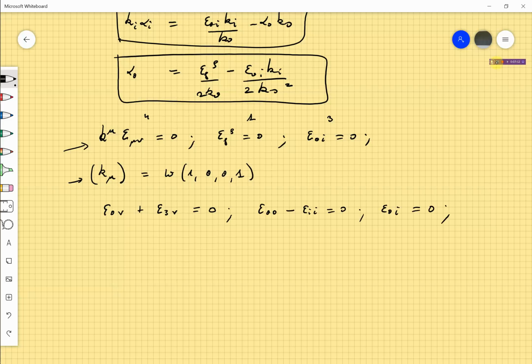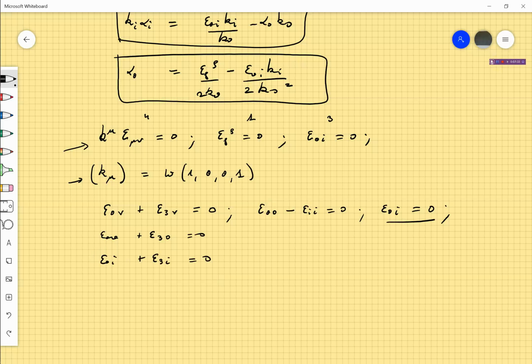Now these are four conditions, so these are ε^{00} + ε^{30} = 0, ε^{01}, and so on. Okay, so we put ε^{0i} + ε^{3i} = 0.